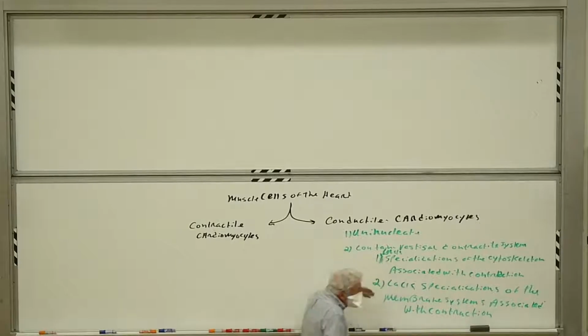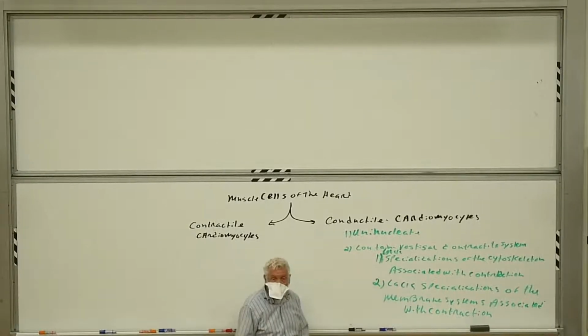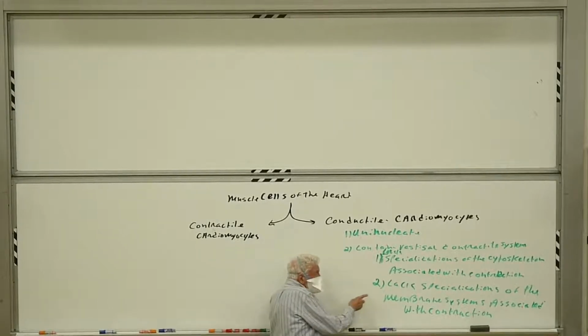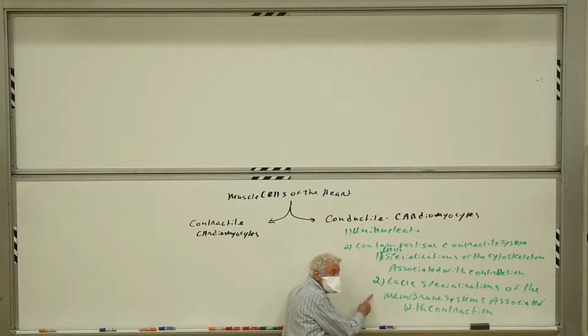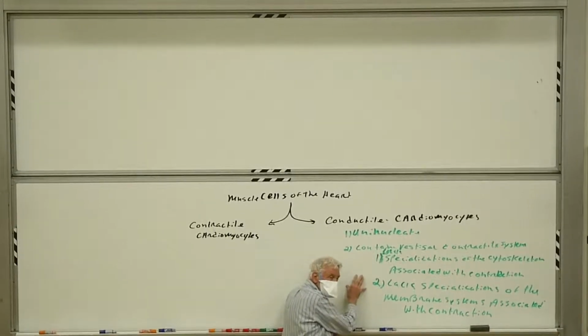So remember when we talked about contractile cells, we said they had this robust sarcomere system. We said that the contractile cells of skeletal muscle had a robust T-tubule and SR system. Well, you just don't see much of that in these conductile cells. That's pretty much gone away.